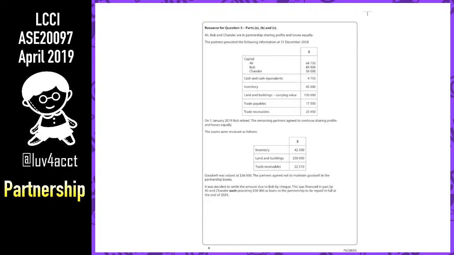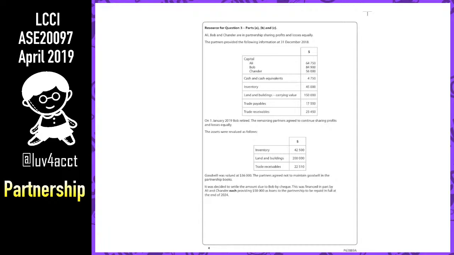They share profits and losses equally, and then we have the capital, cash and cash equivalents, inventory, land and buildings, trade receivables and payables, and then Bob retires on the 1st of January. The remaining partners agree to continue sharing profits and losses equally.